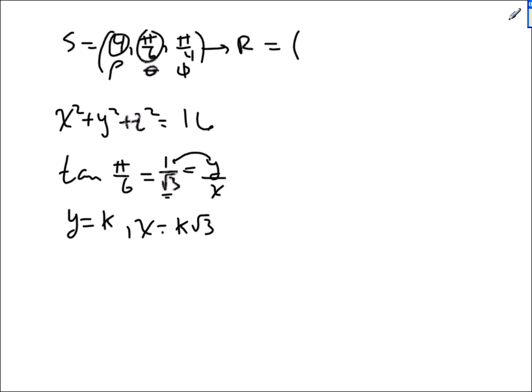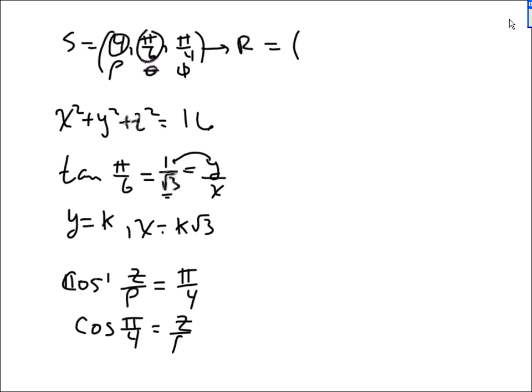Now, we know that phi is cosine inverse of z over rho, pi over 4. So the cosine of pi over 4 is z over rho.